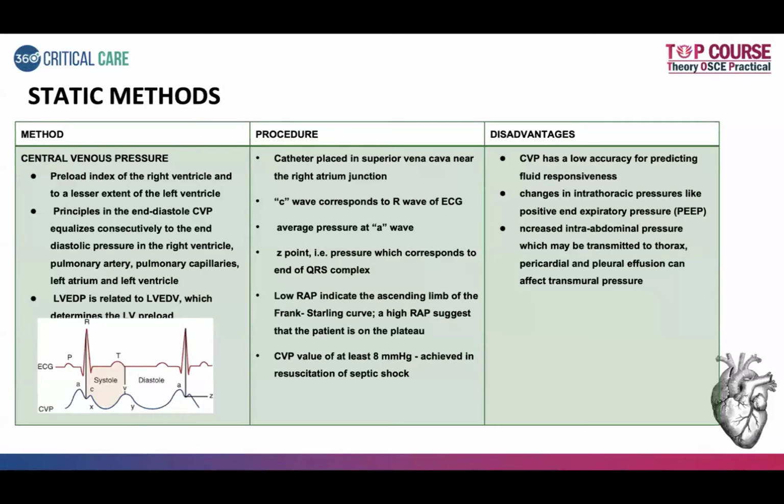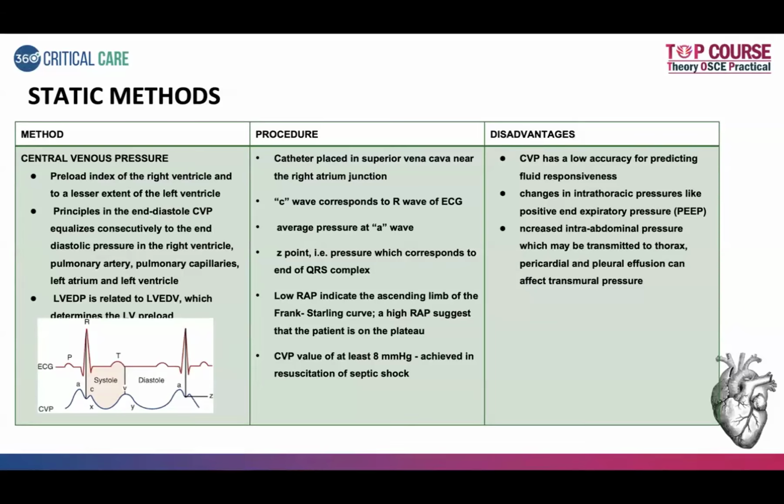Okay, so the first parameter which we were discussing was central venous pressure. It is mainly a preload index of the right ventricle, but to a lesser extent of the left ventricle too. The principle is that the end diastolic central venous pressure equalizes consecutively to the end diastolic pressure in the right ventricle, and so finally the left ventricle.